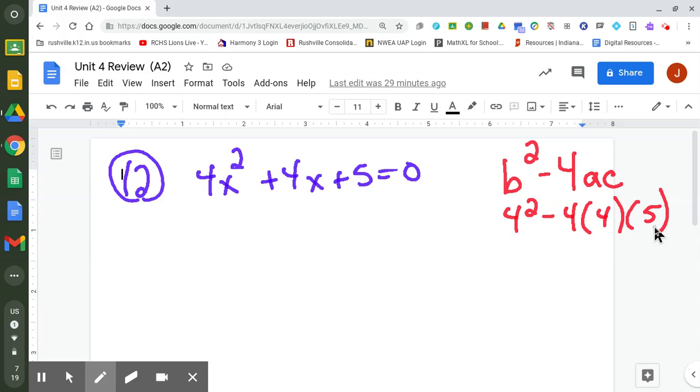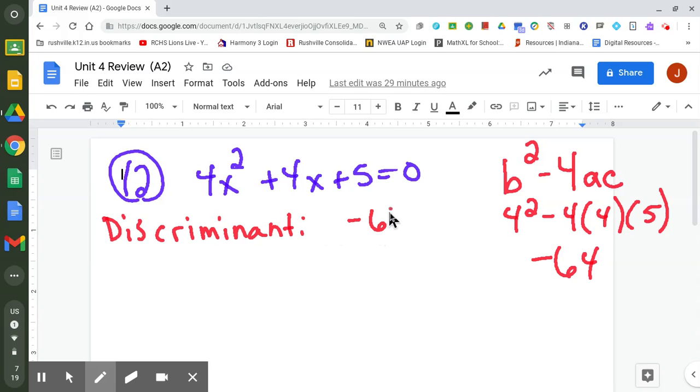So if I put that in my calculator, 4 squared minus 4 times 5, I get negative 64. So the discriminant is negative 64.